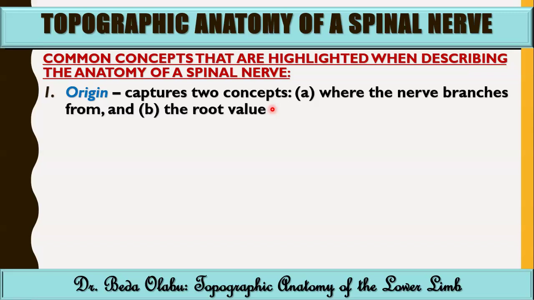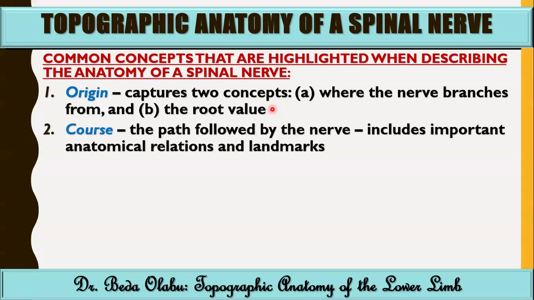Thoracic has 12 of them, T1 to T12. Lumbar has 5, L1 to L5, sacral 5, S1 to S5, and coccygeal 1. So the segments of the spinal cord that contribute to the formation of a particular nerve constitute the root value of a nerve. And in the examples I'll give you, you'll understand that more.